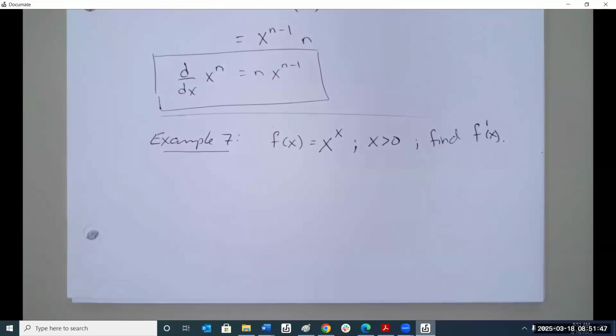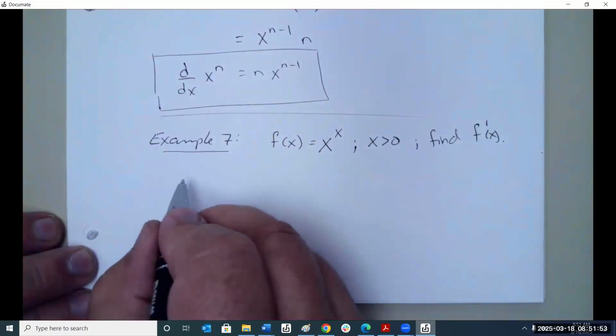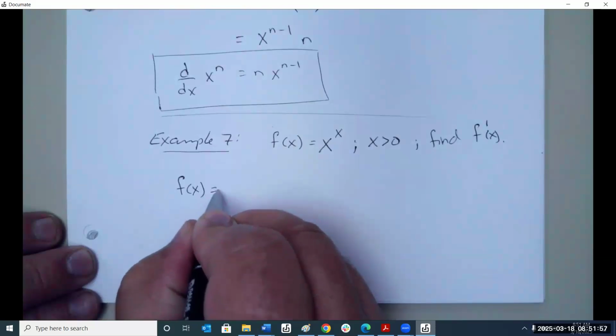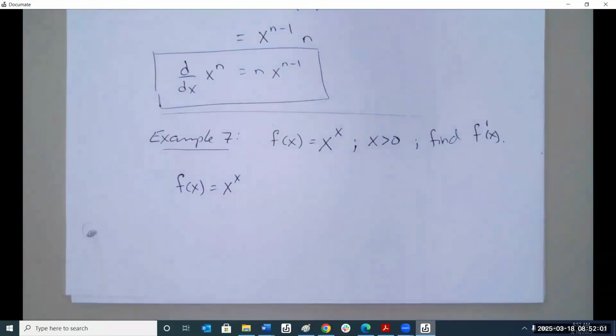So how do we do this? With what we just discussed a minute ago, how do we go about this? We know f of x equals x to the power x. What's another way of writing that?